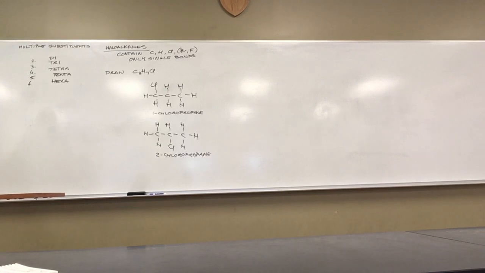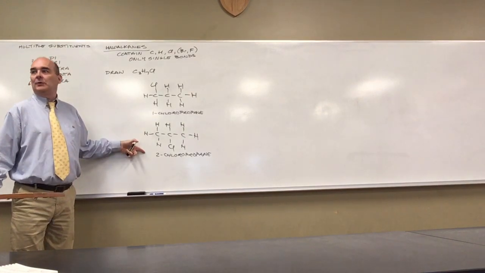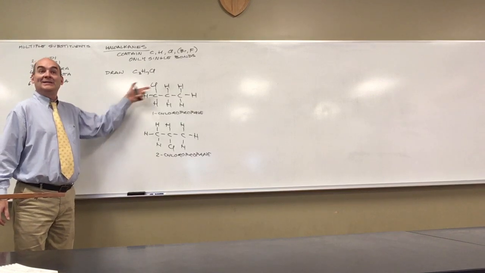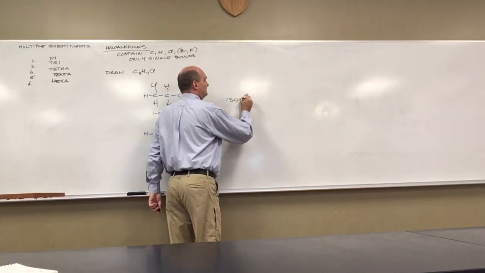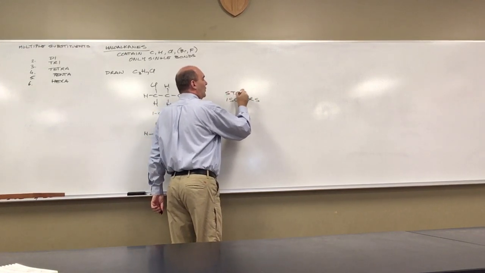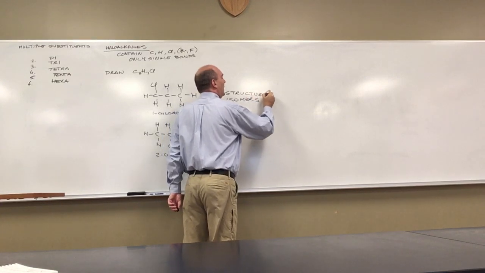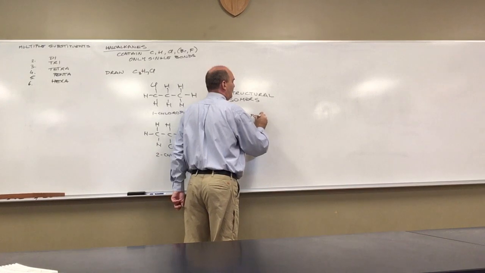Which type of chloropropane do you want? Do you want the 1-chloropropane or do you want the 2-chloropropane? Because there are going to be reactions that this one can do, that that one cannot do, based on structure. These are called isomers. They are structural or constitutional isomers. They have the same formula, but different arrangements.